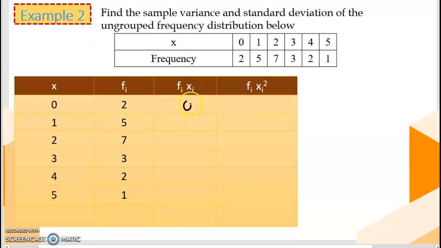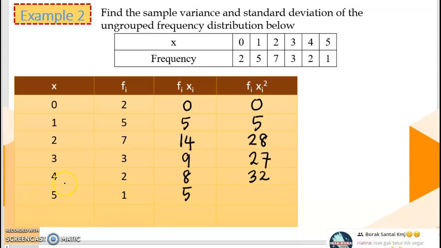fx is 0, 5, 14, 9, 8, and 5. fx squared means x is squared, so 0 squared multiplied by 2 is 0. 1 squared multiplied by 5 is 5. 2 squared multiplied by 7 is 28. 3 squared multiplied by 3 is 27. 4 squared multiplied by 2 is 32. 5 squared multiplied by 1 is 25.